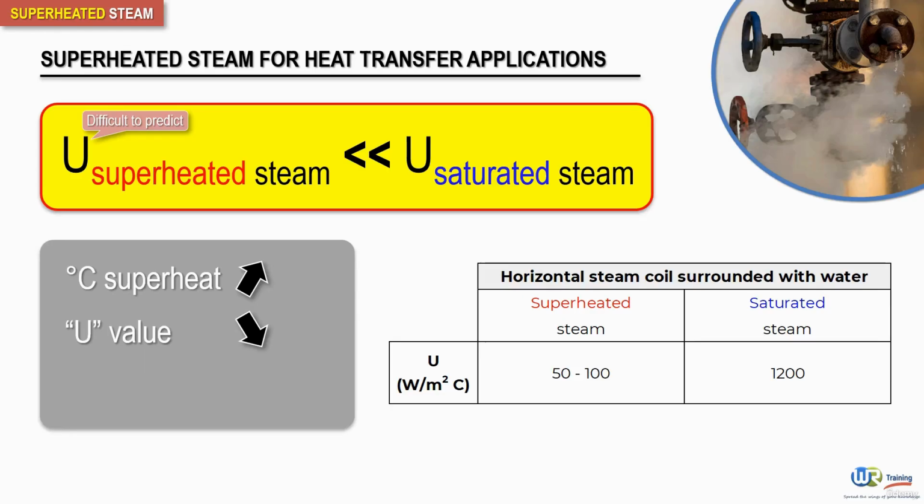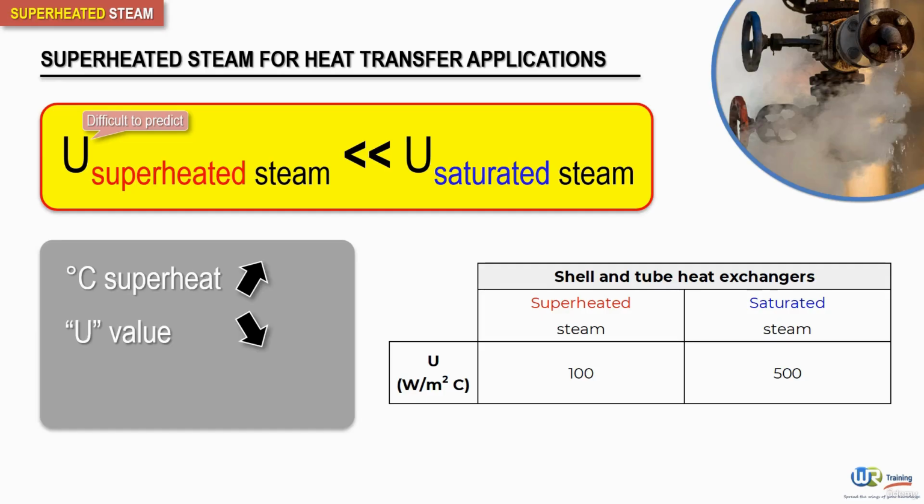For steam to oil applications, the U values might be considerably less, perhaps as low as 20 for superheated steam and up to 150 for saturated steam. And in a shell and tube heat exchanger, 100 watt per square meter per degree Celsius for superheated steam versus 500 for saturated steam can be expected.